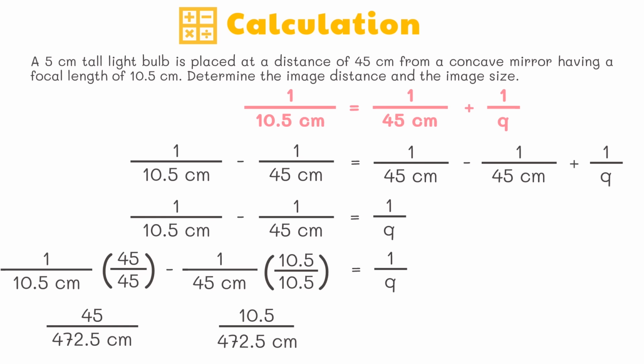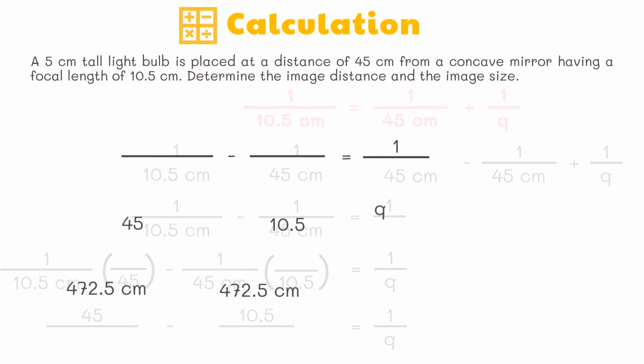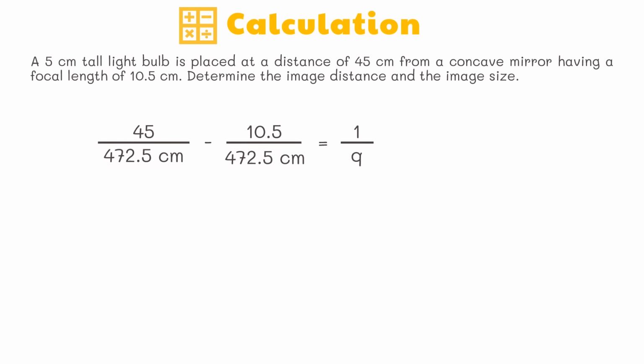Now we have the new equation, 45 over 472.5 centimeters minus 10.5 over 472.5 centimeters equals 1 over distance of the image. 45 over 472.5 minus 10.5 over 472.5 equals 34.5 over 472.5.